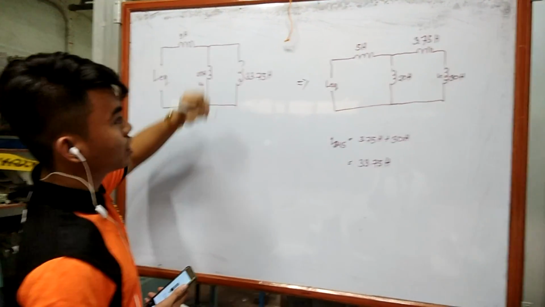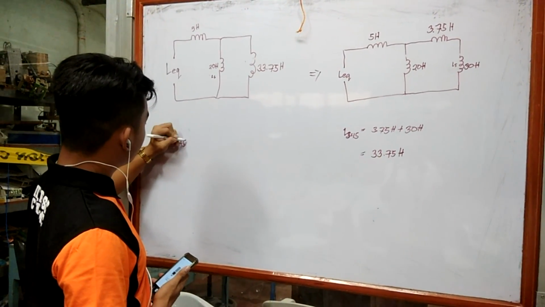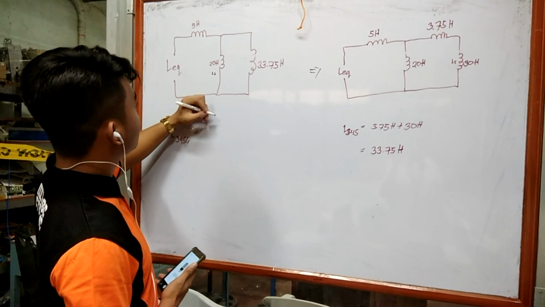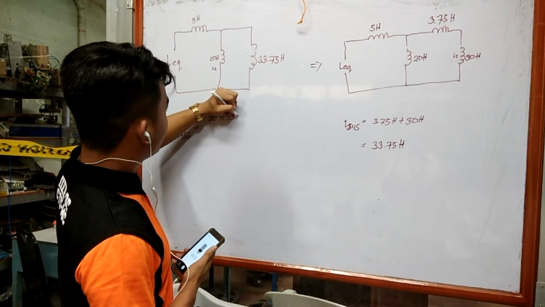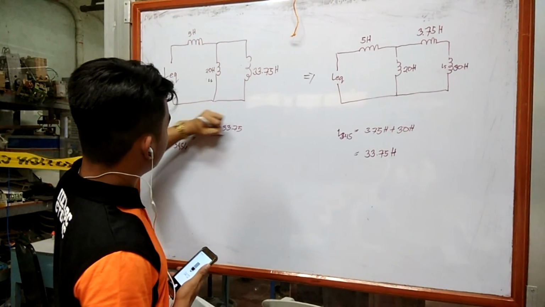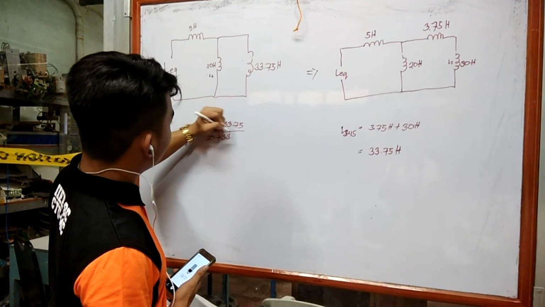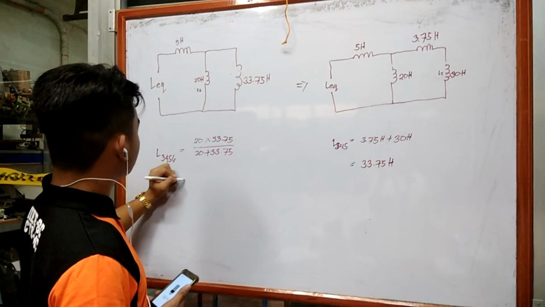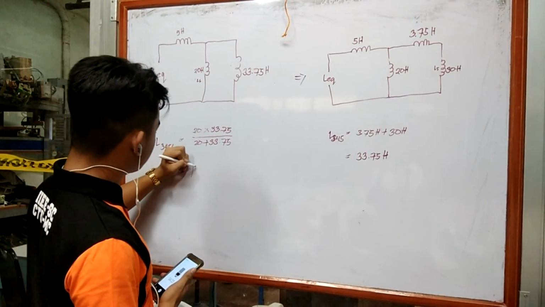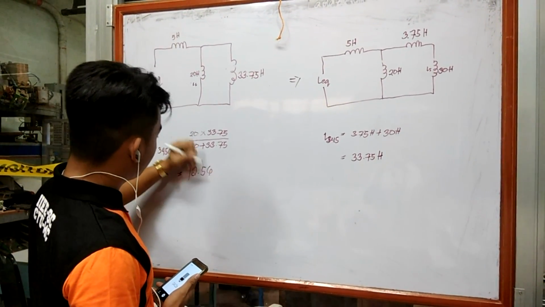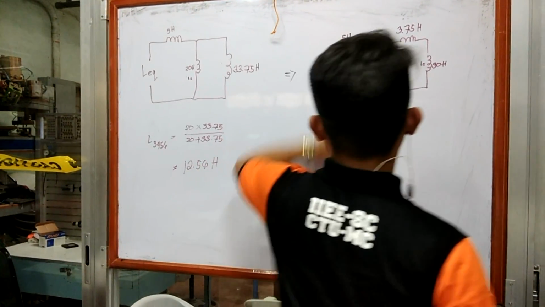This is L6, and this is L3,4,5. So L3,4,5,6 is equal to 20 times 33.75 all over 20 plus 33.75. The answer will be 12.56 henries.